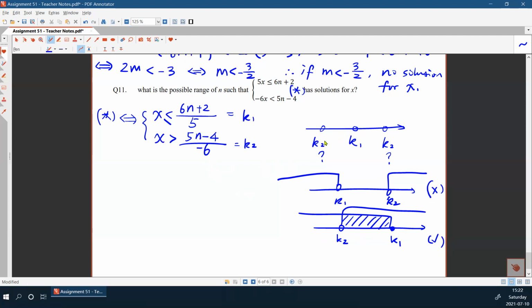So which is the correct option, left or right? K2 should be to the left of K1 or to the right of K1. Dora?